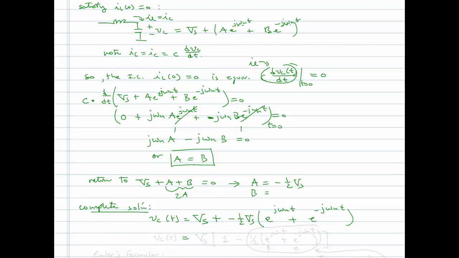Okay, let me rearrange this a little bit. We'll say this is Vs times 1 minus 1/2 e to the j omega nt plus e to the minus j omega nt.